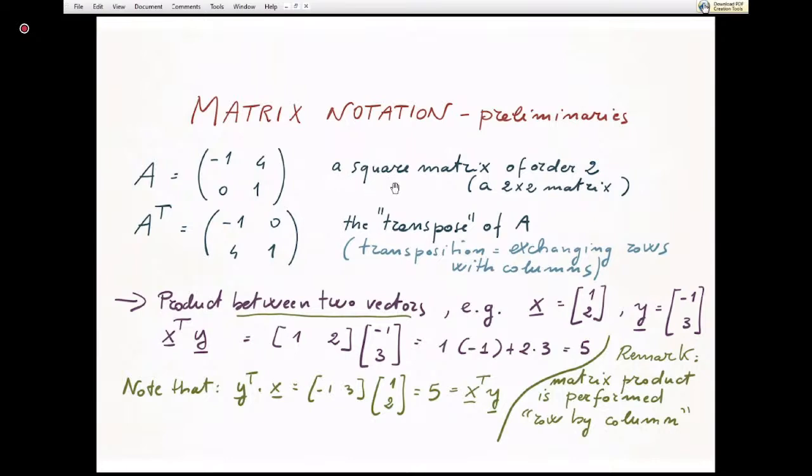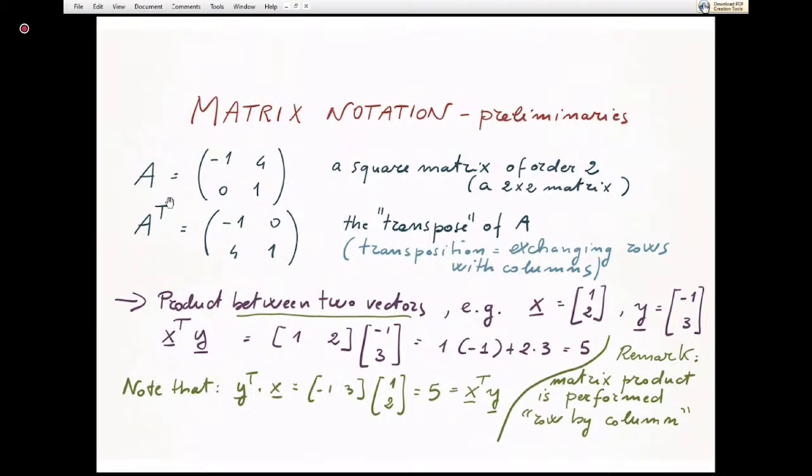This is called a square matrix because the number of rows, which is 2, is equal to the number of columns. But we could have as well 2 rows and 3 columns, or 3 rows and 2 columns, and more structures, okay? This is called in particular a square matrix of order 2, or a 2 by 2 matrix. It has 2 rows and 2 columns.